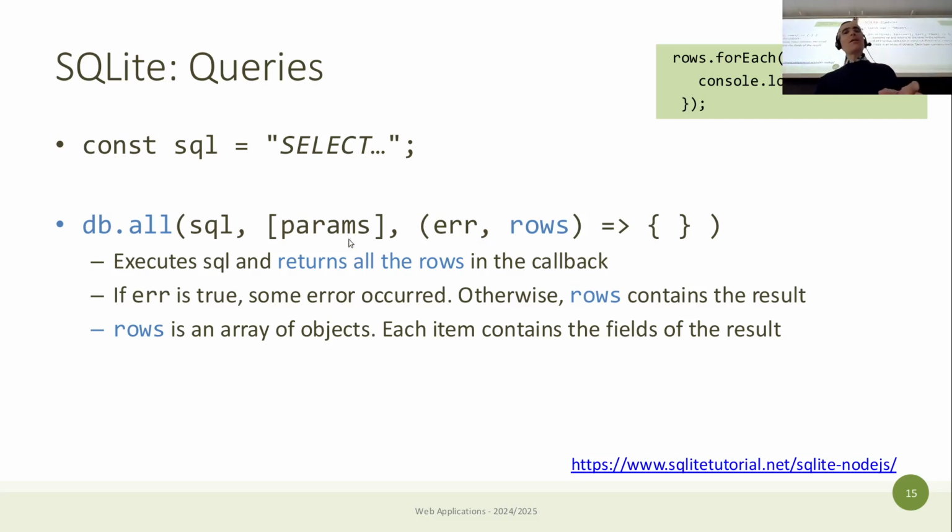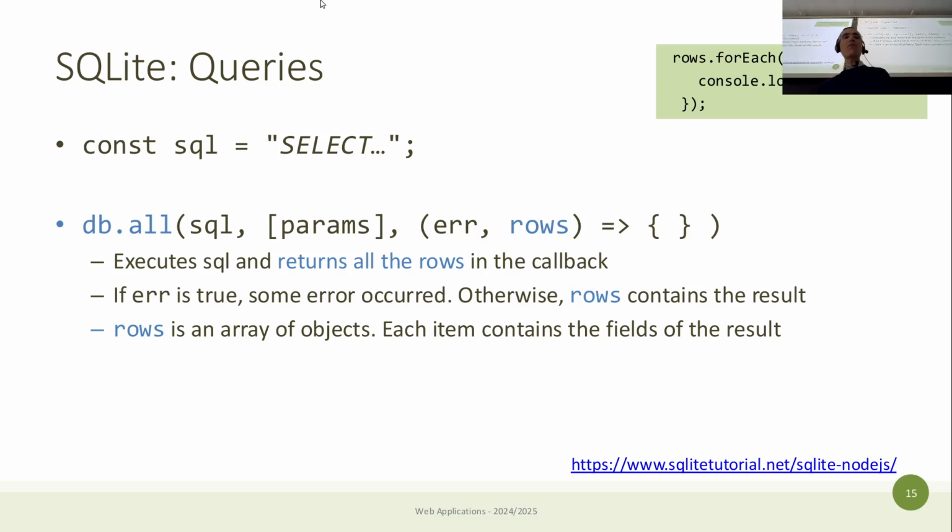Then params, which are optional, so if no params need to be passed. That's an array. Okay, and then there's a callback. This is an asynchronous operation. So in all these functions, there will be a callback to be passed that will be called when the operation, so the query, has been run on the database.